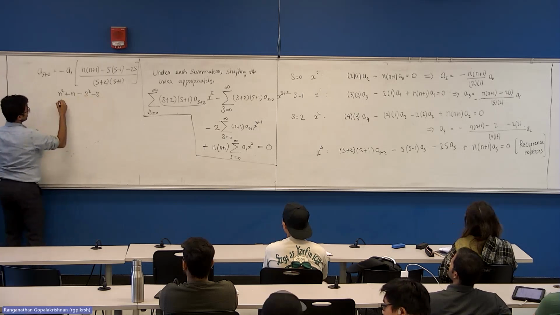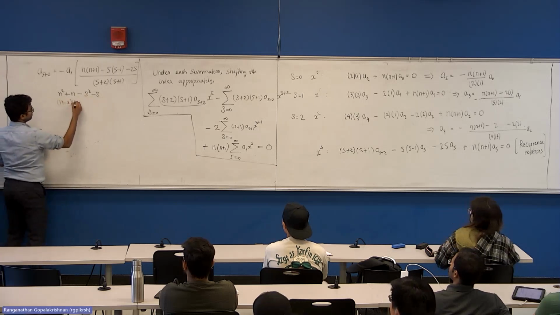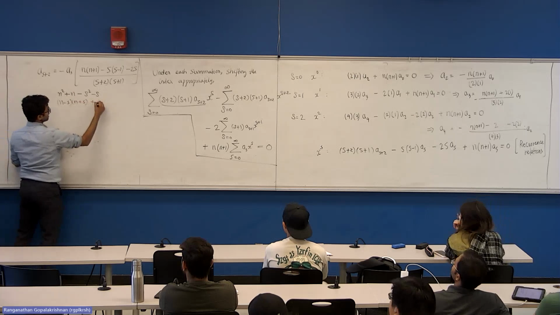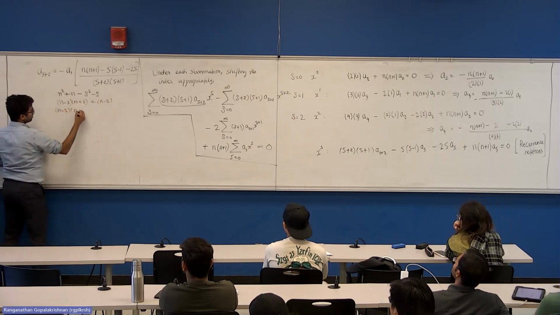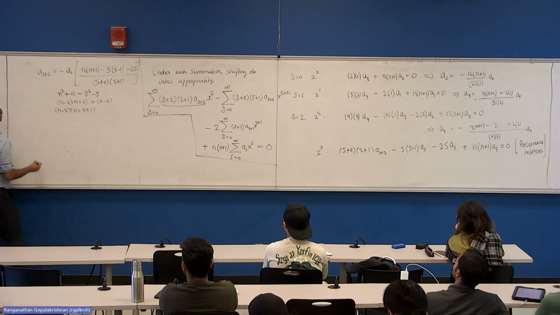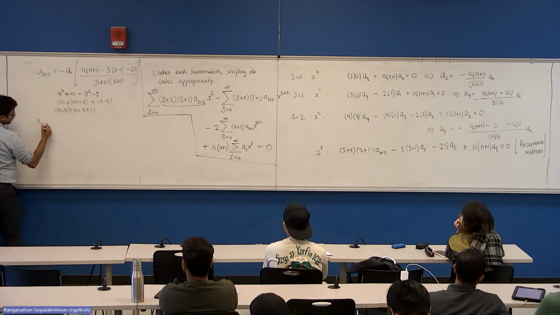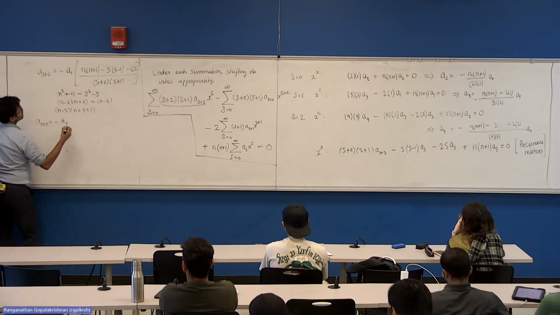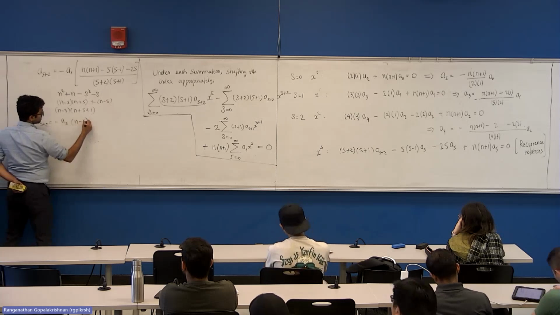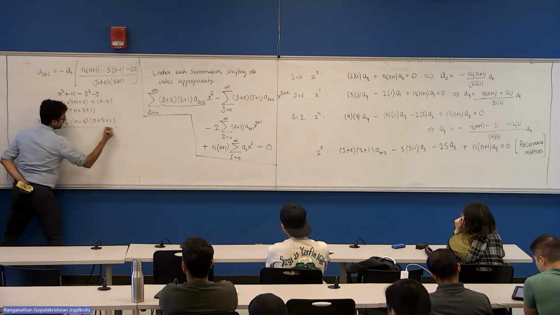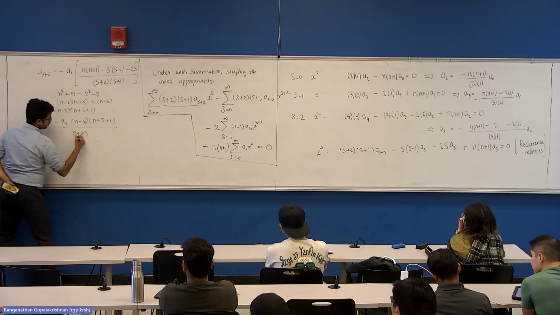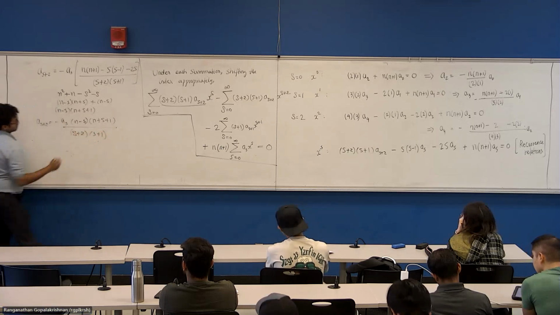So they are writing n minus s times n plus s plus n minus s, which is n minus s times n plus s plus 1. So my a_{s+2} is minus a_s times n minus s times n plus s plus 1 divided by s plus 2, s plus 1.